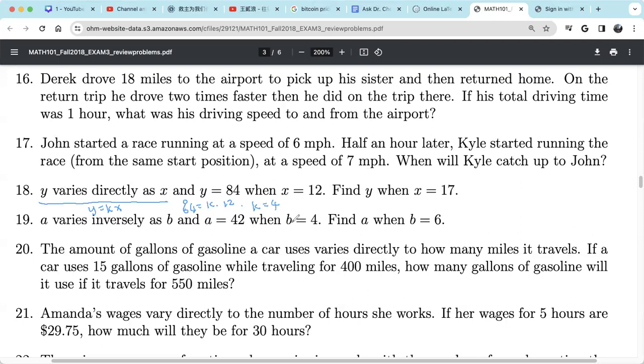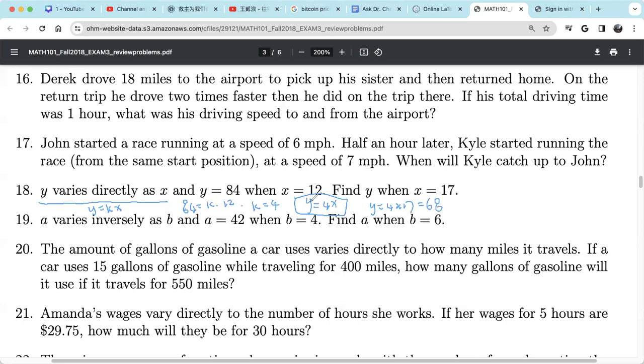So k equals 4. Now we can write y equals 4x. The question is asking for y when x is 17. This is 4 times 17. 4 times 7, 28, carry the 20. 10 times 4, 40, plus 20, 68.